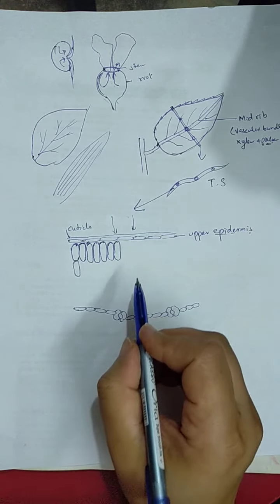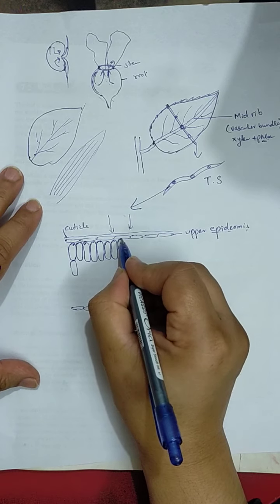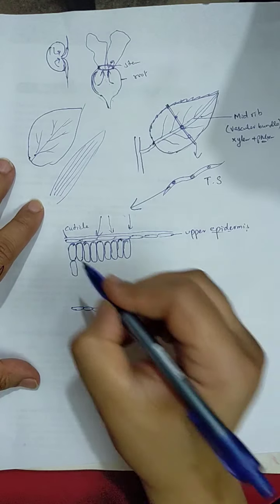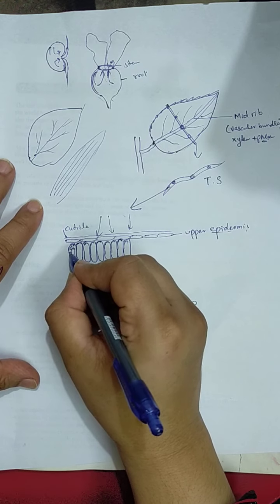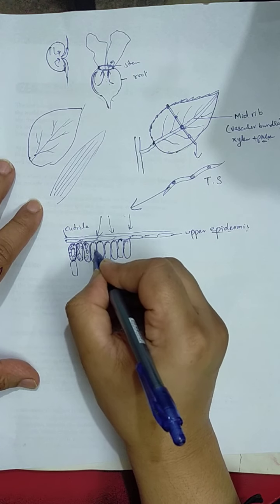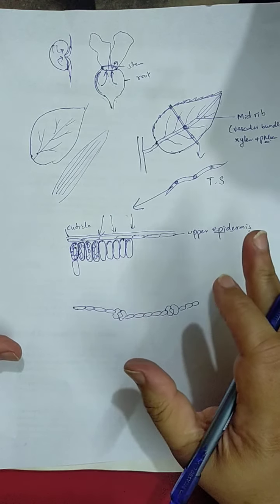Their arrangement in the leaf is in such a way that they can receive maximum sunlight for the process of photosynthesis. They have chloroplast in them for photosynthesis, so they can capture maximum sunlight.